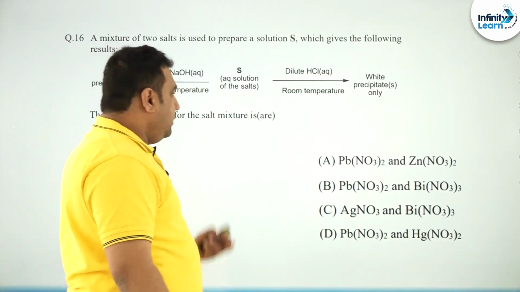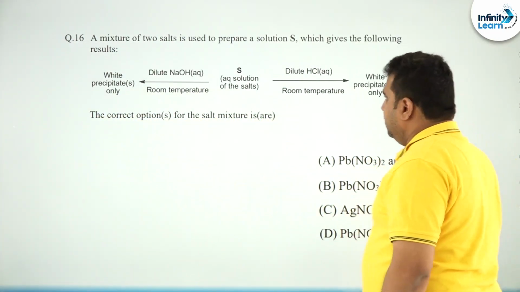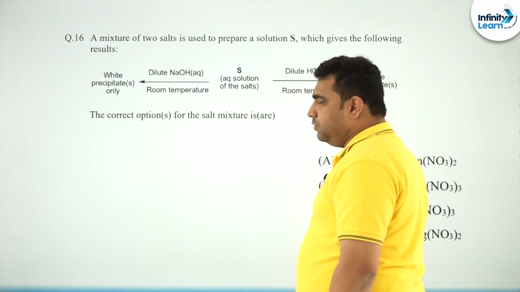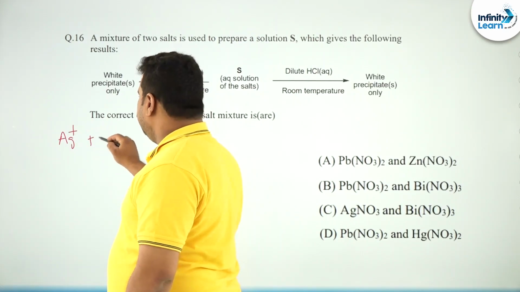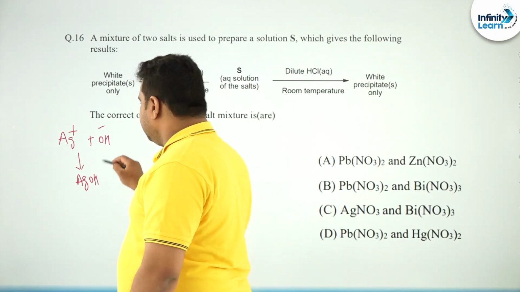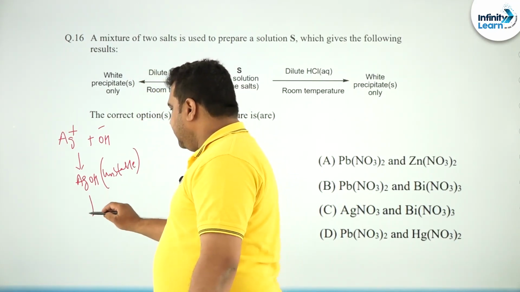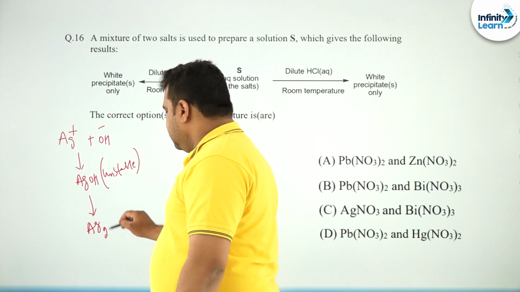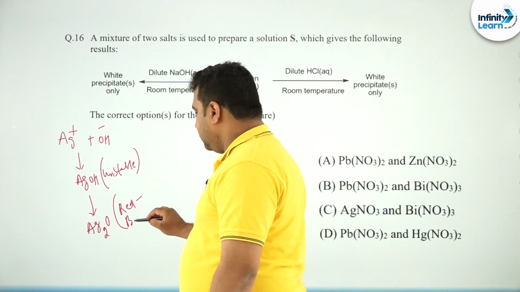Now, moving ahead. Yeah, dear students, this is a very easy question. Remember all the students that whenever silver ions react with base, they form silver hydroxide, and silver hydroxide is unstable, and this will readily undergo oxidation and form silver oxide, which is red to brown color.